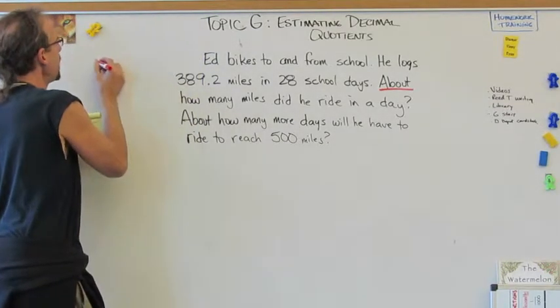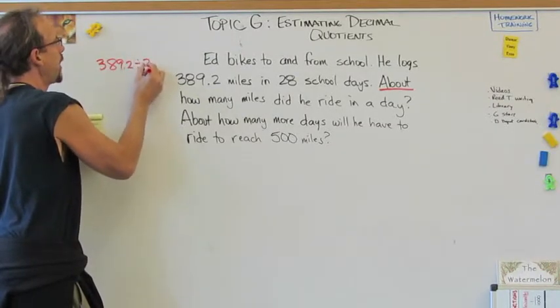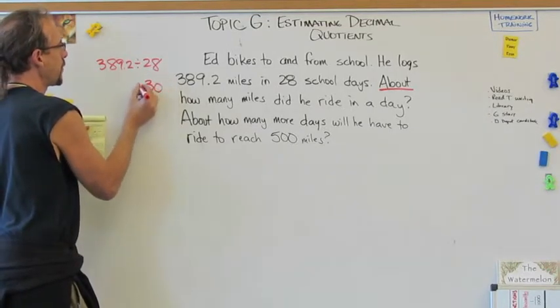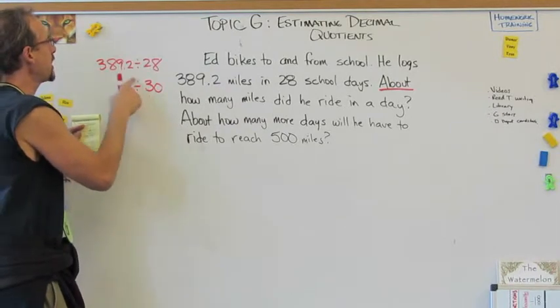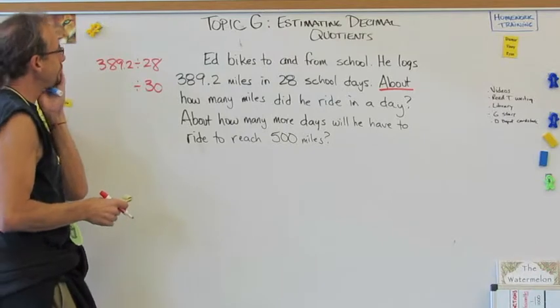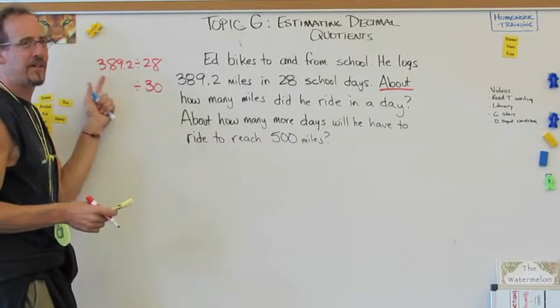So we do that, 389.2 divided by 28. Again, I'm going to round this number off to 30. I'm going to think, what's a multiple of 3 that would go into this right here? And I might think, 3, well, I could round this off to 300.